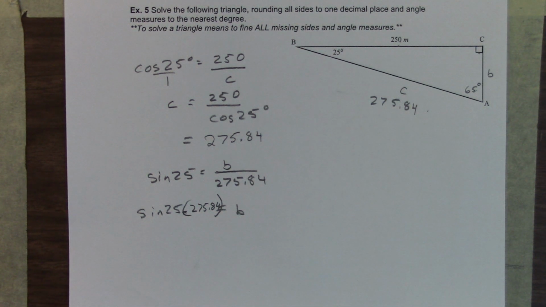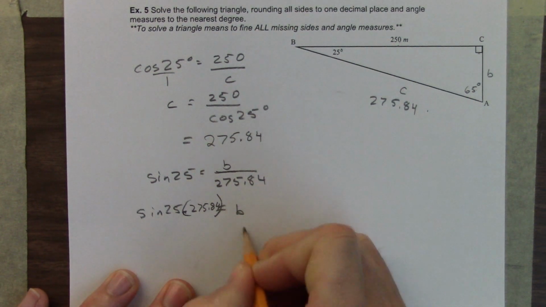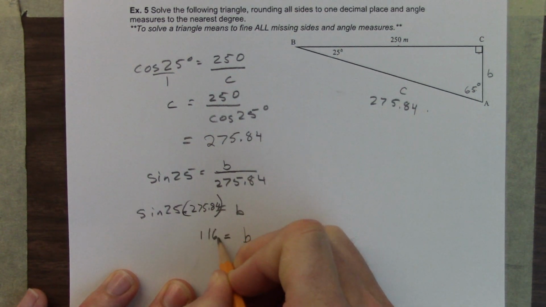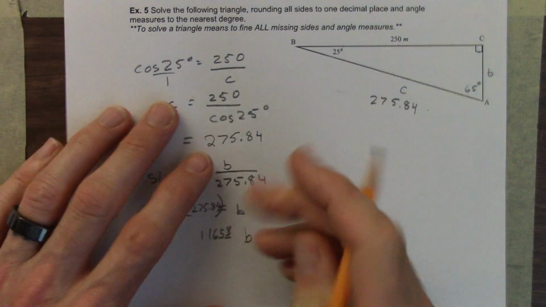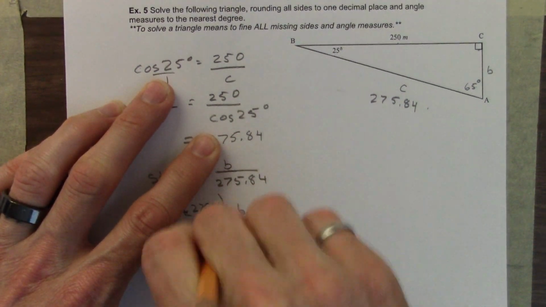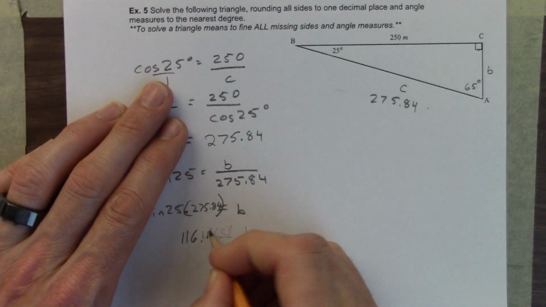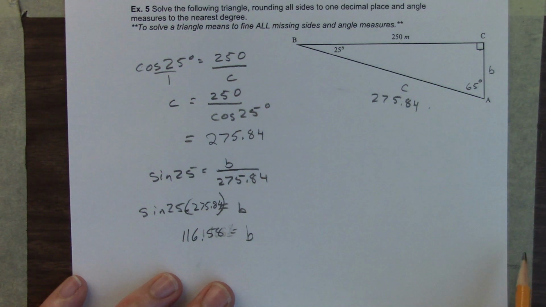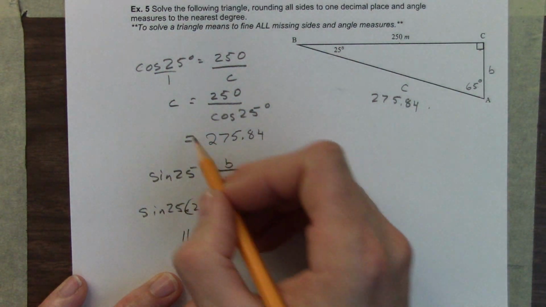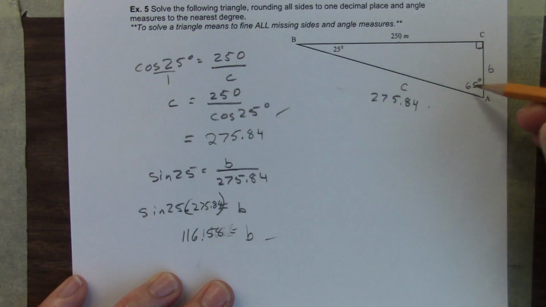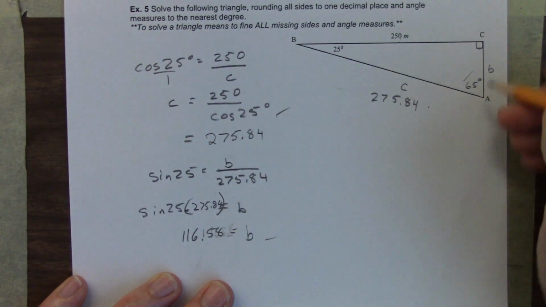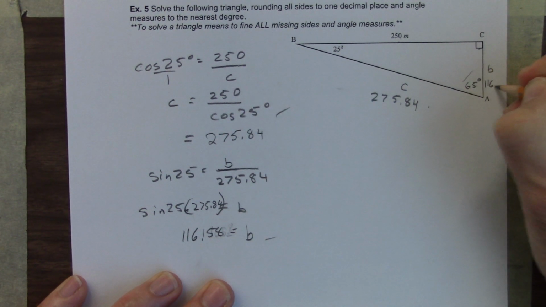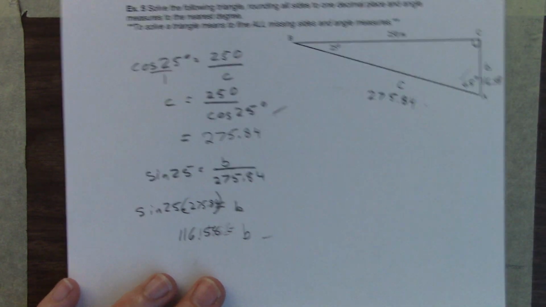So B is equal to 116.58. Okay? So now we have C, we have B, we have this unknown angle, we have all the angles and all the sides. Any questions here?